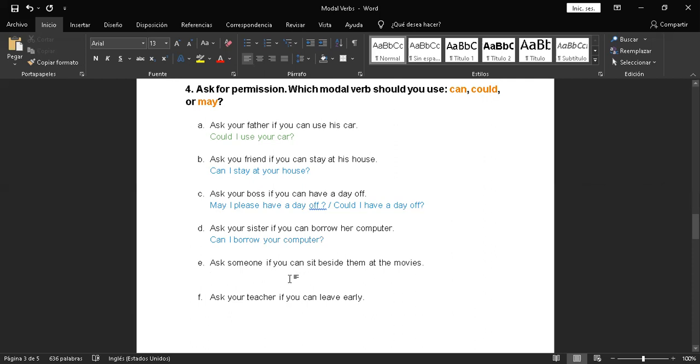Very good. Next one says, ask someone if you can sit beside them at the movies. Imagine the context: you're in the movies, you don't know the person next to you, so you're asking if you can sit beside them.